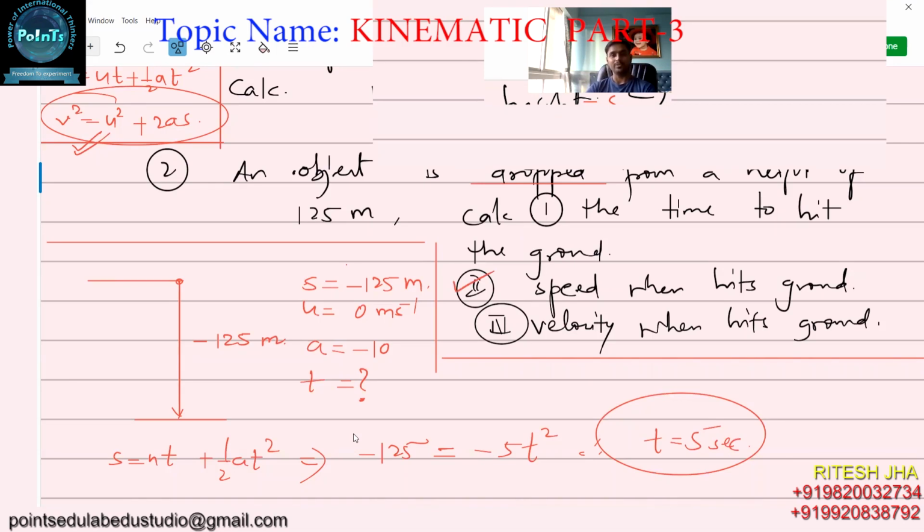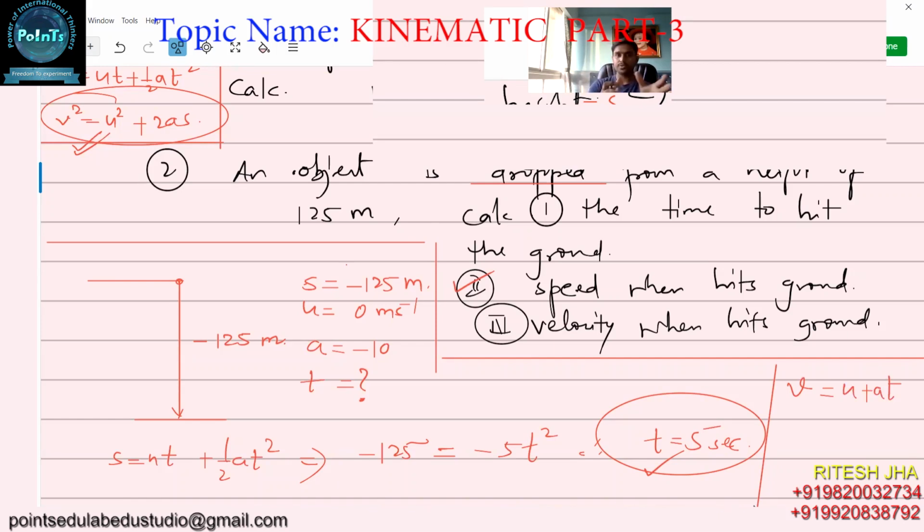Speed when it hits the ground. V squared is equal to u squared plus 2as. In fact, when you know t, you can use v equals u plus at. That is true.